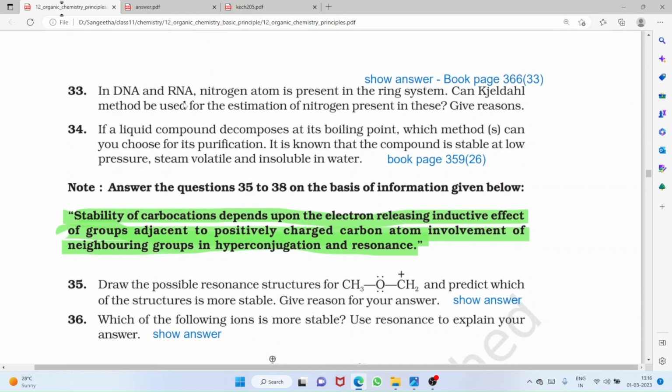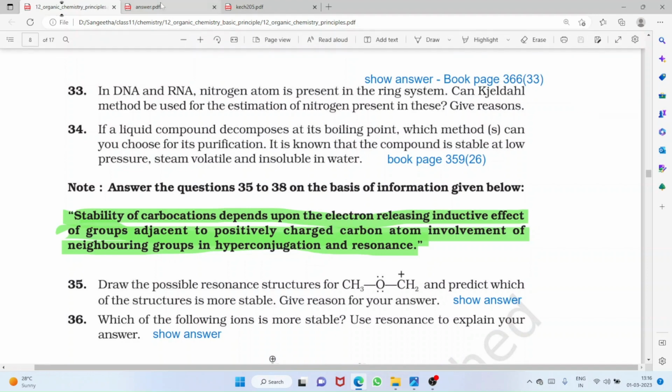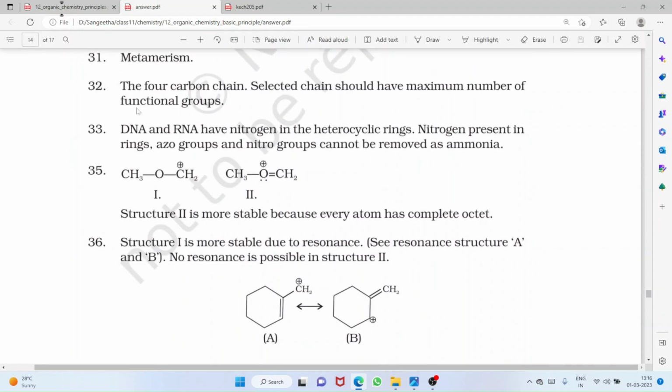In DNA and RNA, the nitrogen atom is present in the ring. Can this method be used for the estimation of nitrogen in these? DNA and RNA have nitrogen in heterocyclic rings.